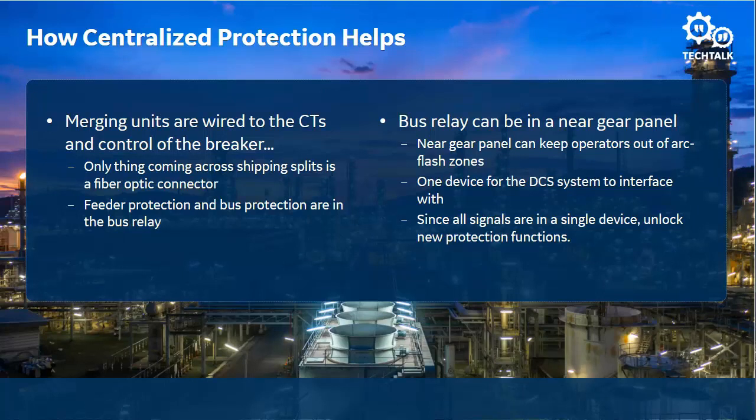So I can move my protected devices outside of the arc flash boundary and move those into a near gear panel, a near gear HMI, or at the very least have it on the gear but outside of the arc flash boundary. That moves all of my operations personnel, when they're operating the devices, outside of the arc flash boundary.